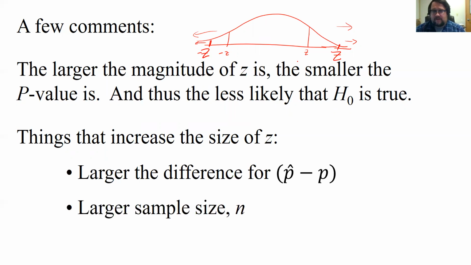Another thing that could affect the size of it: larger sample sizes. This might seem counterintuitive, but what's happening here is, let's say the difference between my sample and the predicted was 0.02. Okay.